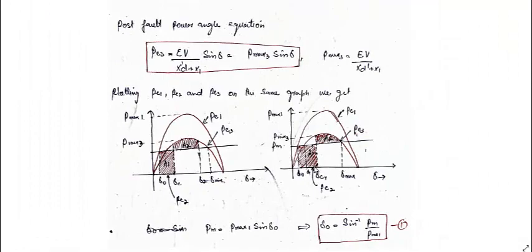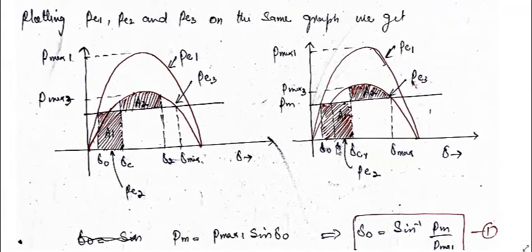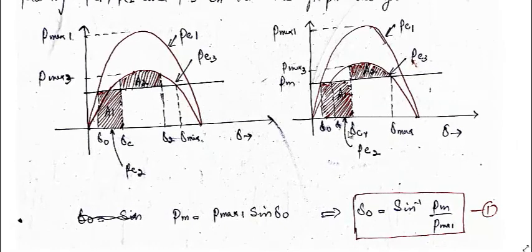Similarly, this is the limiting case, when this delta C, that is the clearing angle, is equal to delta CR, the limiting angle, at which this area A2 is just equal to this area A1, and this is actually used to find out delta CR. Here delta max will be equal to pi minus delta 1, and this point is very important.